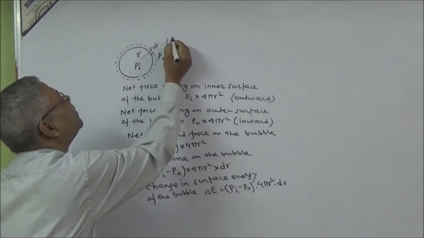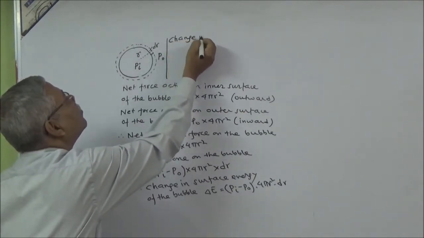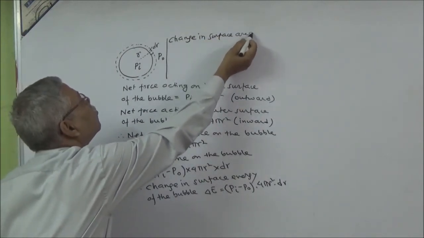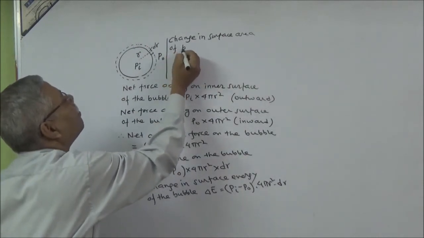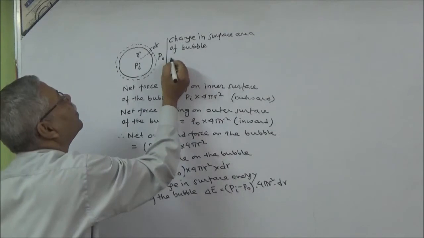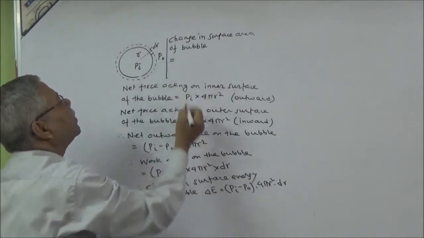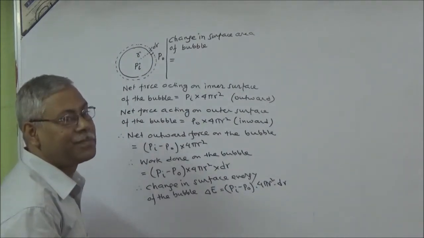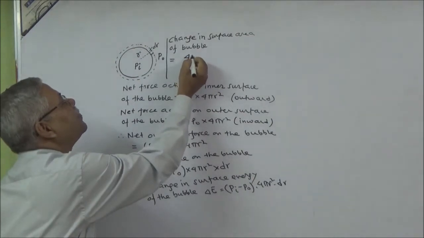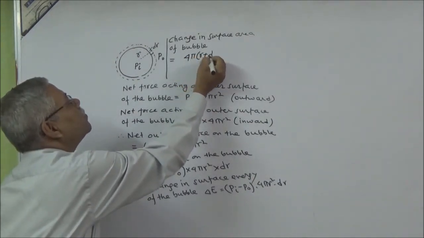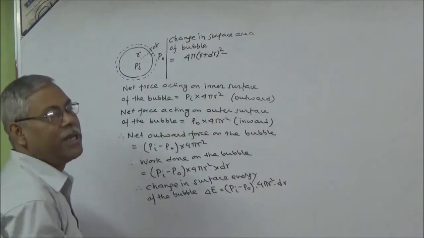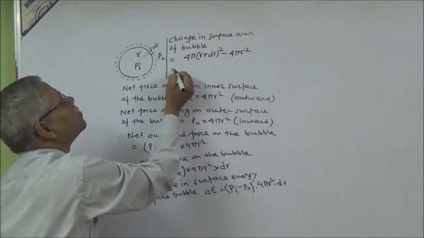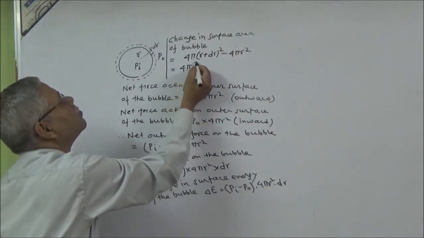Find del A, the change in surface area of the bubble. What is the change in surface area? What is the final surface area? 4 pi into (r plus dr) whole square. And what is the initial surface area? 4 pi r square.